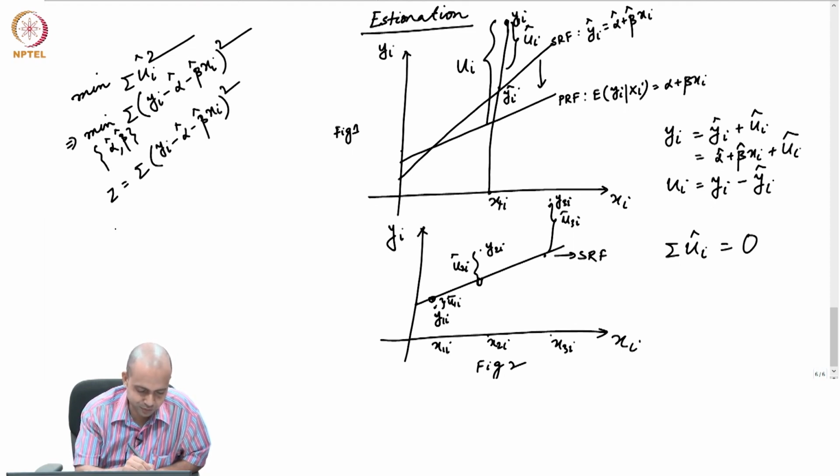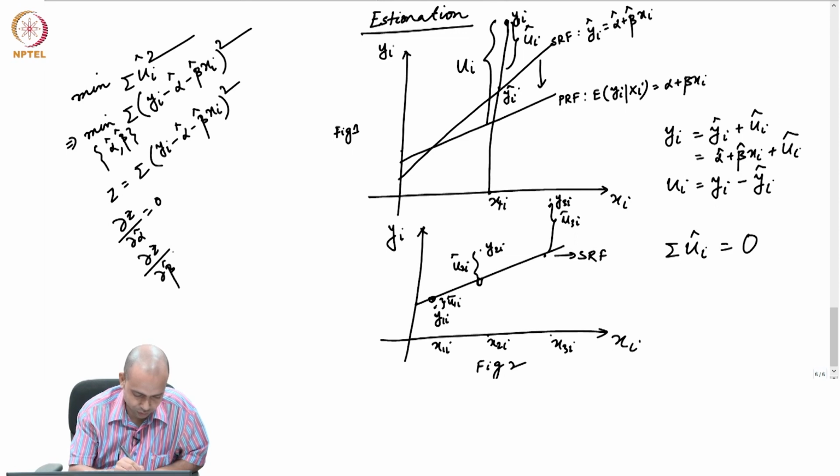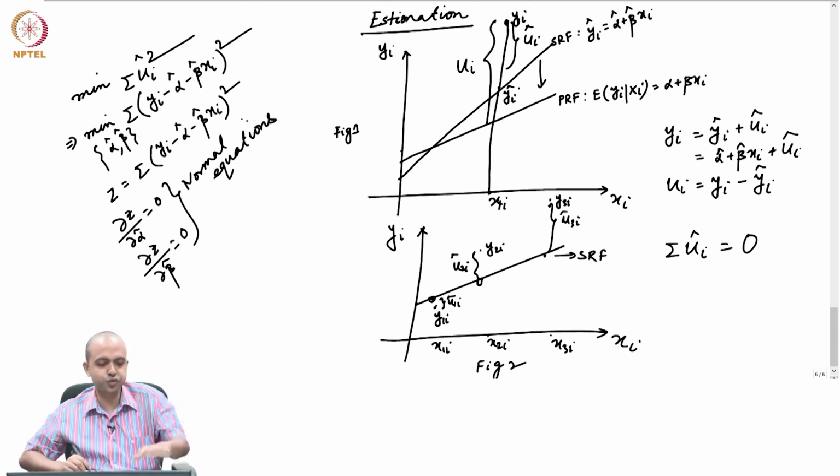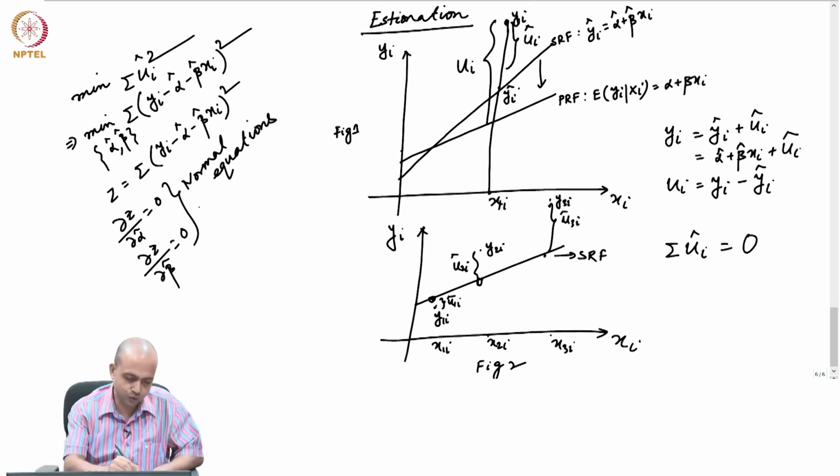So, basically the minimization requires del z del alpha hat equals 0, and del z del beta hat equals 0. These two, if you write, you will get two normal equations with two unknowns, alpha hat and beta hat.